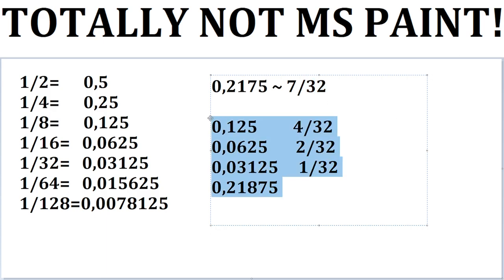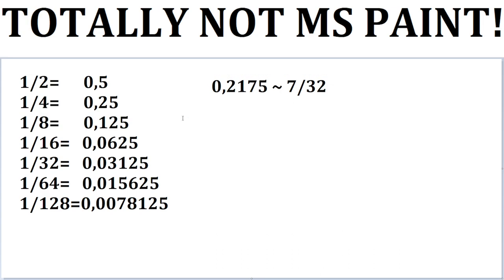And now I want to find out how do I fold this with these corners. Now let's just get rid of these. We don't need those anymore. Now I'm gonna imagine how I'm gonna split my paper. At the bottom, I want 7 parts. And on top, I want the rest, which is going to be 25 parts.